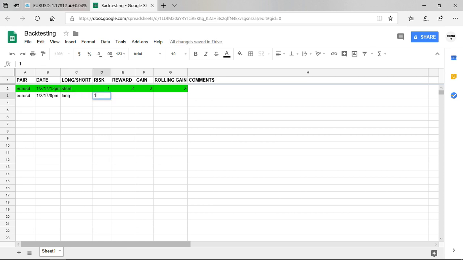The risk was 1 again, the reward was 2 again. This time the gain was -1, so your rolling gain is going to be 1. That's 2 minus 1.